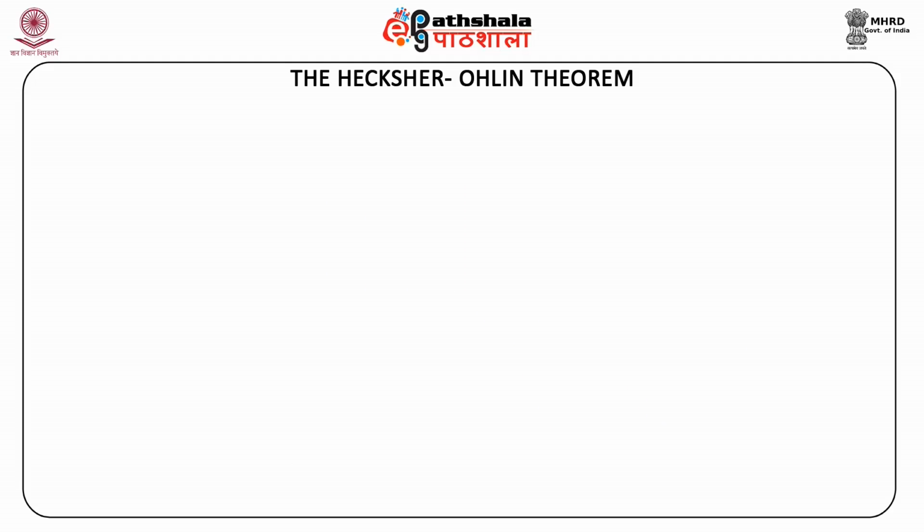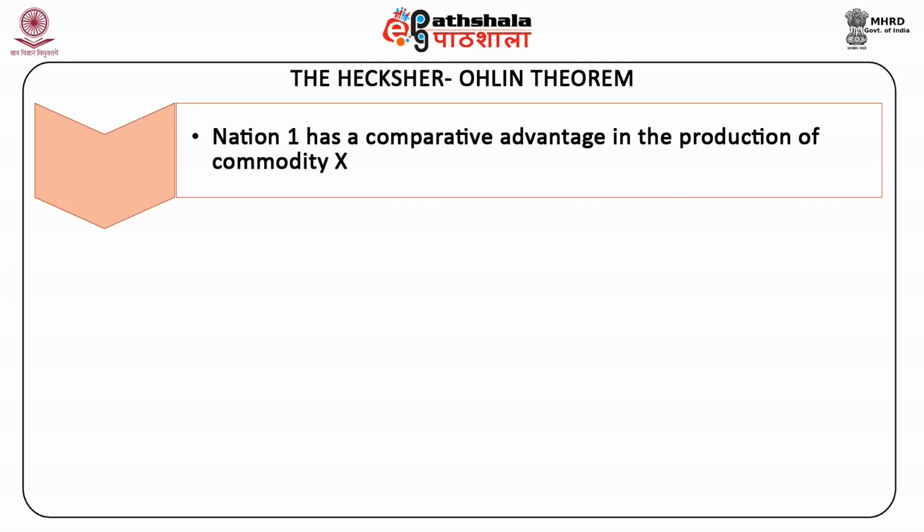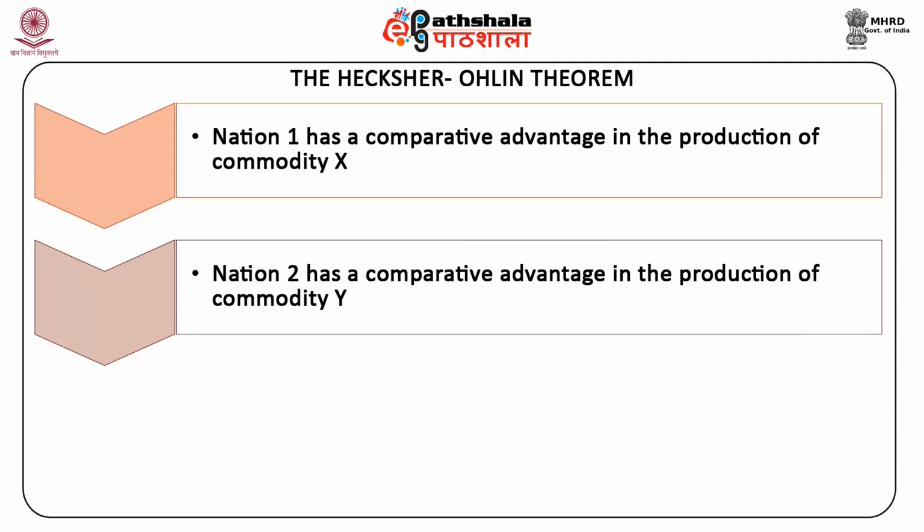From the discussions above, we know Nation 1 has a comparative advantage in the production of commodity X, the commodity which requires the intensive use of its abundant factor. Nation 2 has a comparative advantage in the production of commodity Y, the commodity which requires the intensive use of its abundant factor.